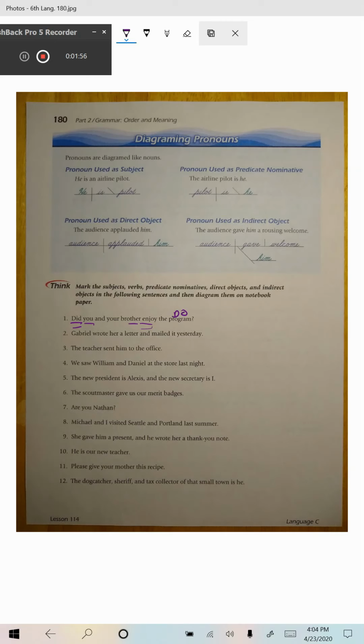All right. So this is what you have to diagram. So we have you and your brother. So we have rockets here. You and brother, with an and in between.